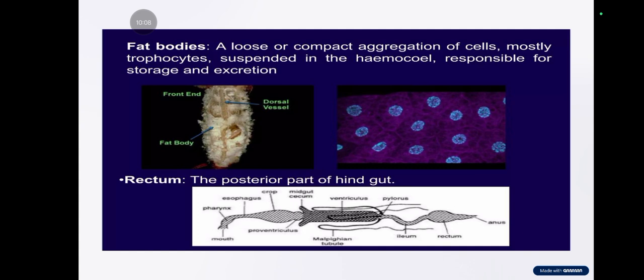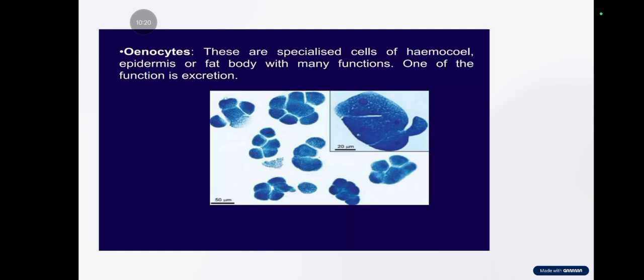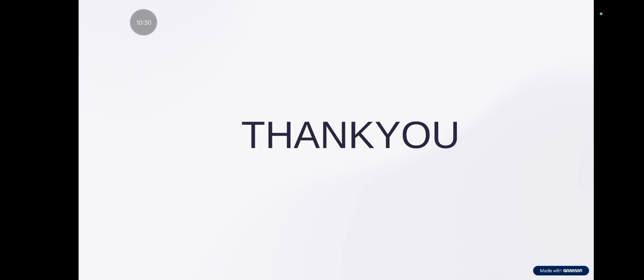A loose or compact aggregation of cells, mostly trophocytes, suspended in the hemocoel, responsible for the storage and excretion. Rectum. The posterior part of the hindgut. Oenocytes. These are the specialized cells of hemocoel, epidermis or fat body with many functions, and the major function is the excretion. Thank you.